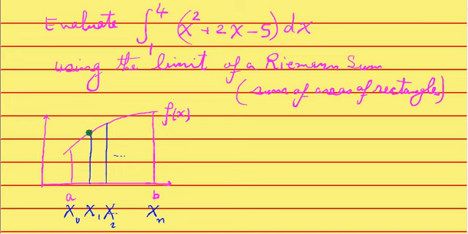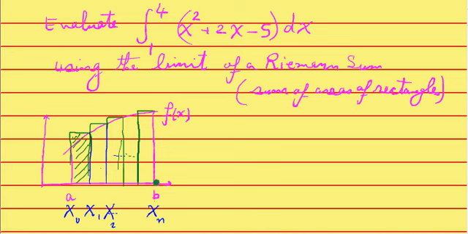So I look at this rectangle, then this one, all the way to the very last one. I consider all these rectangles, calculate the area of each, add them all up, make a sum. At the end, you have to take a limit. The limit is going to happen when the number of subintervals goes to infinity.